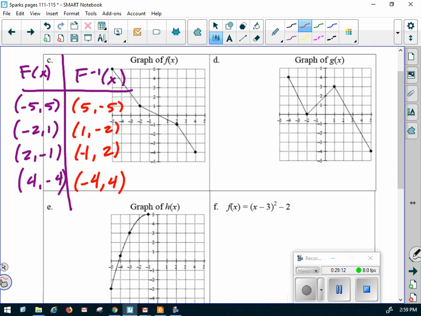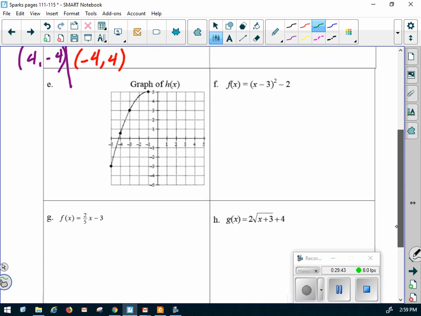It fails because you've got one y value, which is 1, that has 3 different x values. And if I reflected that over the line y equals x, I would have 3 x values that had the same y value, which would make that not be a function.